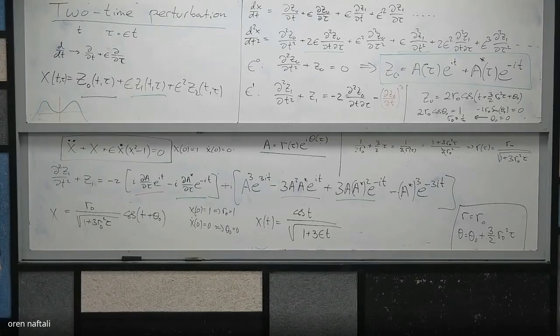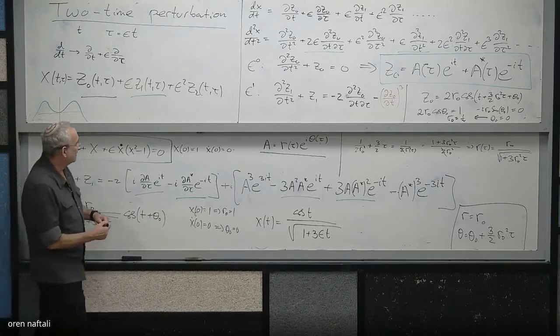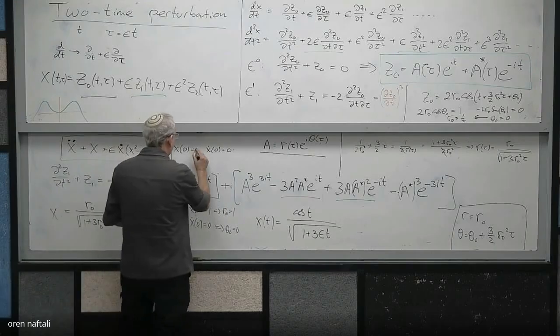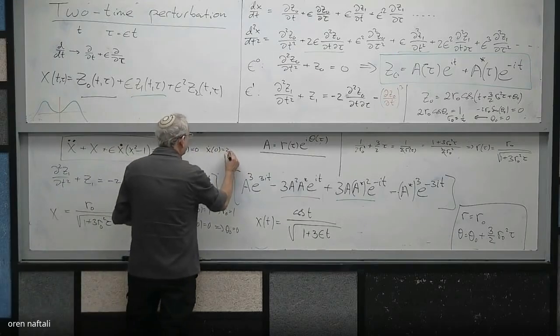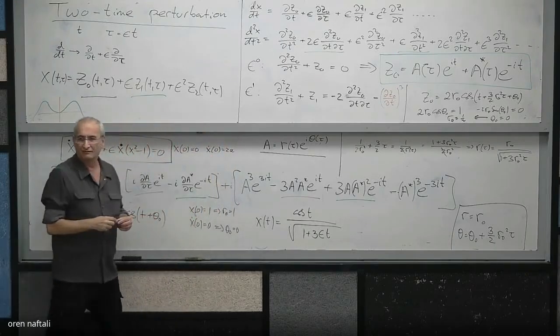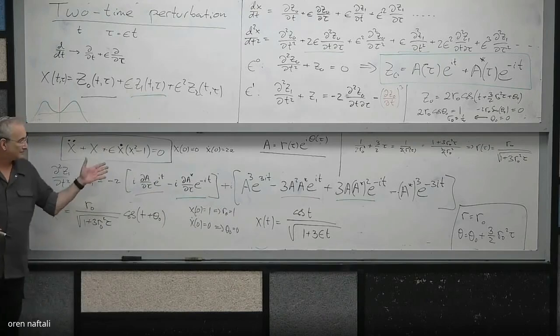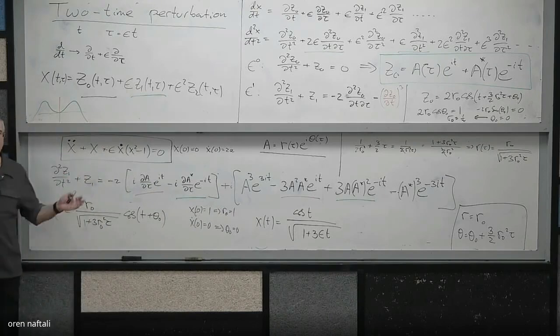Wait, just to help myself, this is x of 0 is 0, and x dot of 0 is 2a for whatever reason on Earth. Right? Physics, what is that? There's a competition between damping and, yeah.